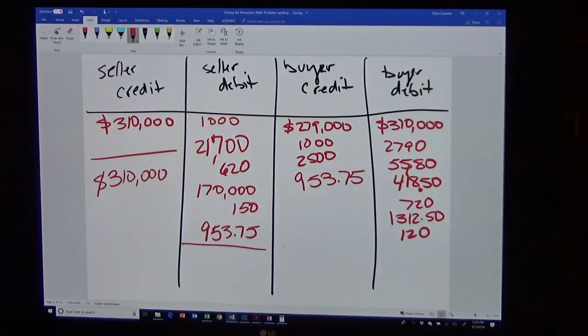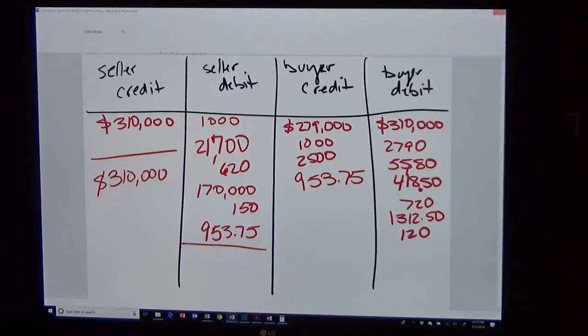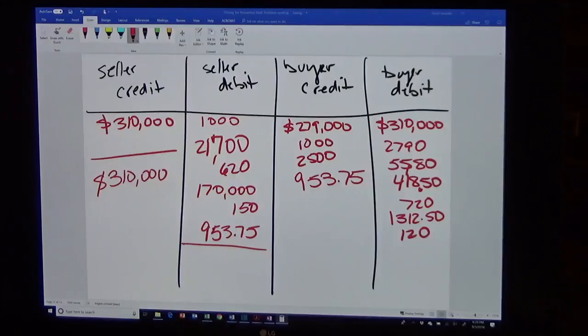For seller debits, we've got $1,000 plus $21,700 plus $620 plus $170,000 plus $150 plus $953.75. That is $194,423.75. And I'm going to check that number again, because remember, I'm keying a lot of things in here.